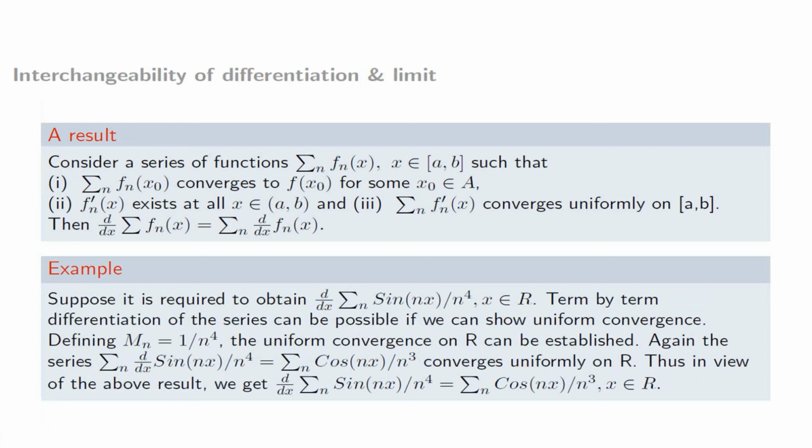Then the summation over the integral of f n x is the same as the integral of the summation of f n x. So in this case we find that uniform convergence enables us to interchange the integration and summation operations.